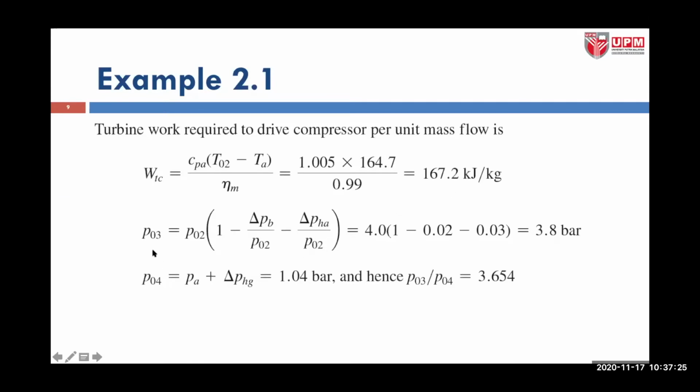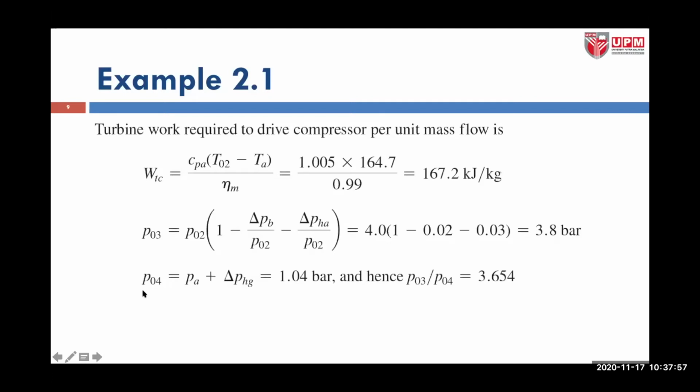Then you find the P03 by this expression, where you note the pressure loss at the burner, the combustion chamber, 0.02, and the pressure change at the heat exchanger air side 0.03. You will get P03 to be 3.8 bar.